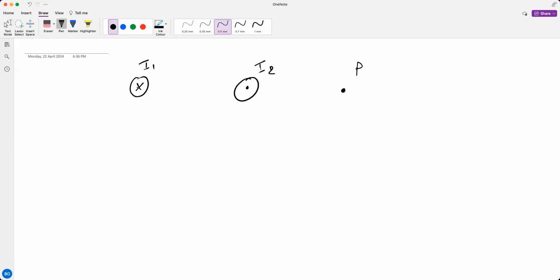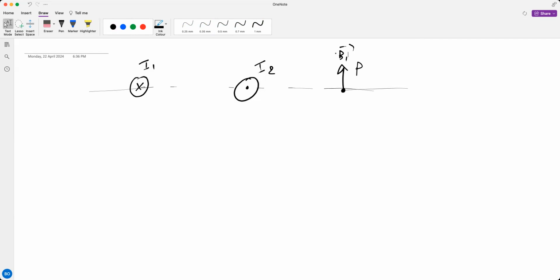Here it is easy because it's on the same line, so you can easily see that the magnetic field produced by I1 is in this direction.